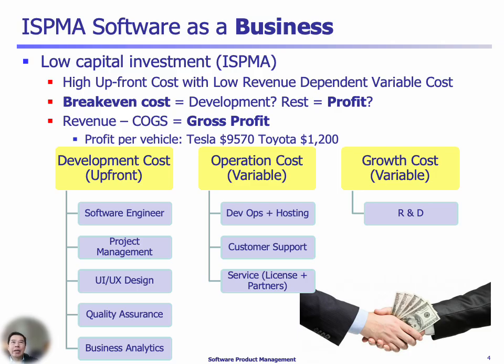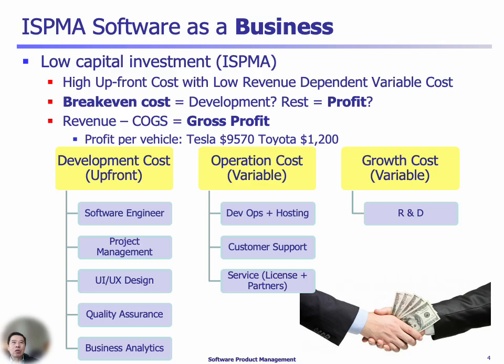So the break-even cost for software, once the development is accounted for, the rest are variable costs, the operations, the growth costs, less than maybe physical companies, car manufacturing companies such as Toyota.